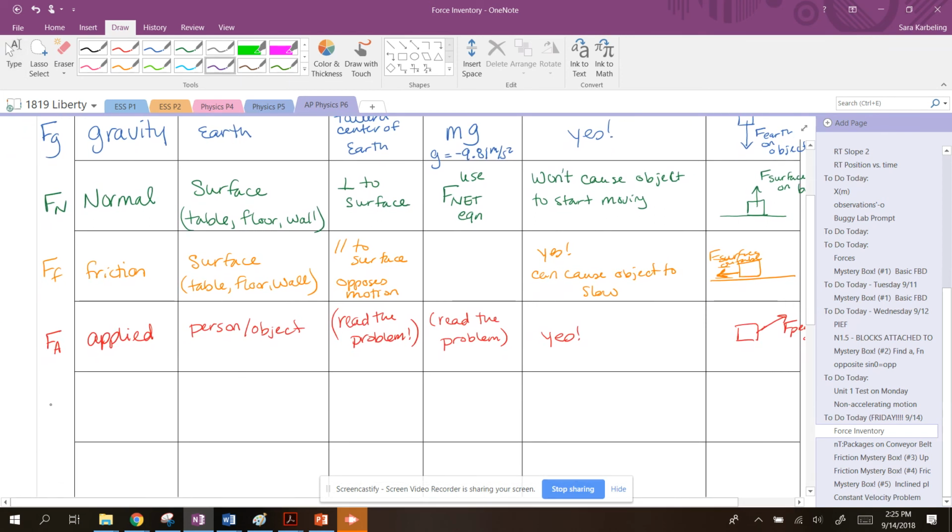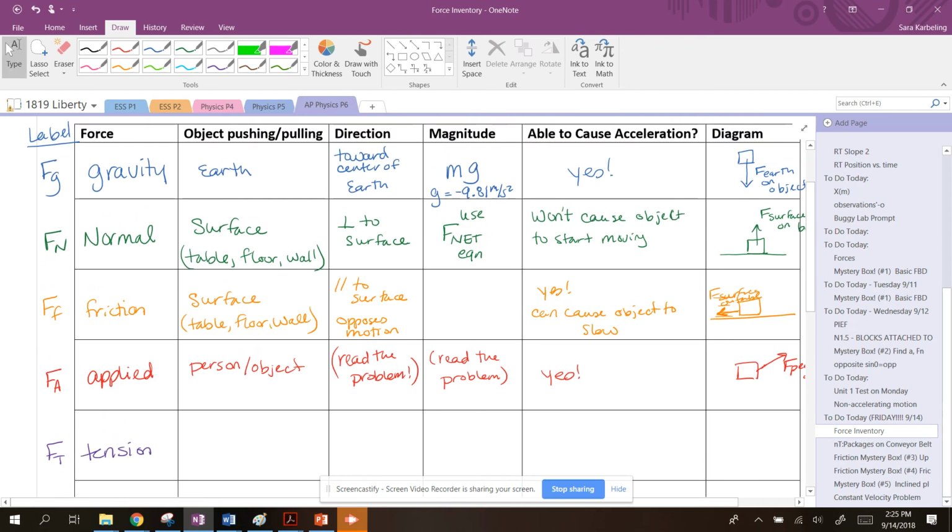Here we go. That's FT. The object pushing or pulling for tension is usually a rope, right? A rope or a string. The direction is just along the direction of the string.